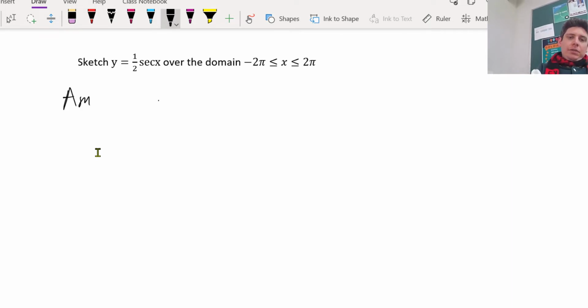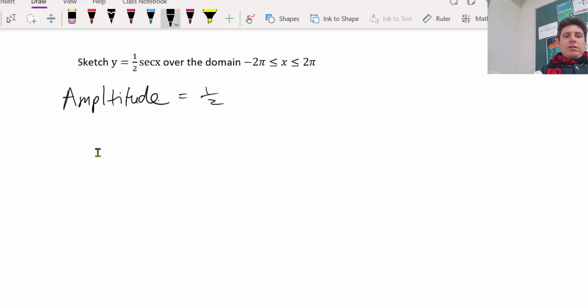So first step, you want to find all the helpful stuff. The amplitude for this one is not 1. Thank you, half. The phase shift: there's no plus anything at the end. And the horizontal shift, I can't spell horizontal.